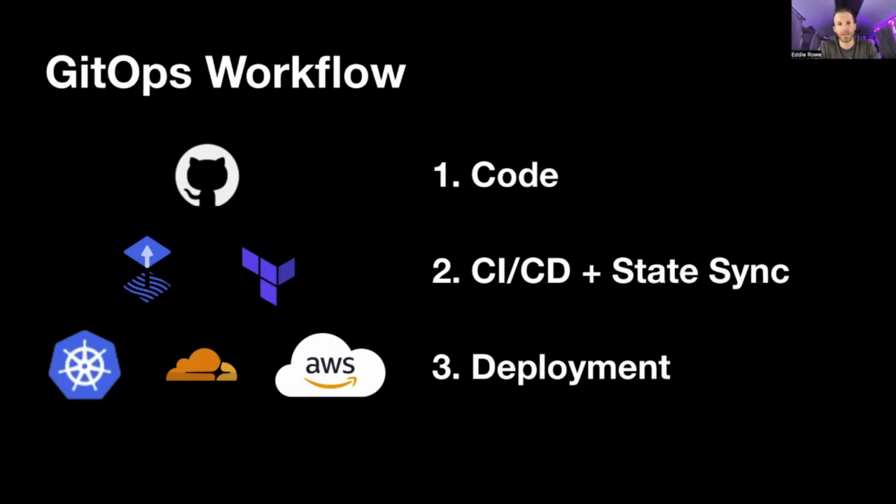GitOps workflows really shine in the cloud-native microservices and Kubernetes world, but they can also be utilized for on-premise and hybrid systems just as easily. I think the Tripwire CTO, his name is Gene Kim, describes the subtle difference between DevOps and GitOps really well in his book, The Phoenix Project. He says the second way is about creating right-to-left feedback loops.